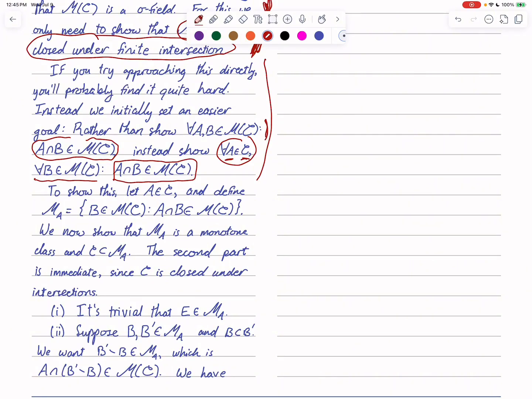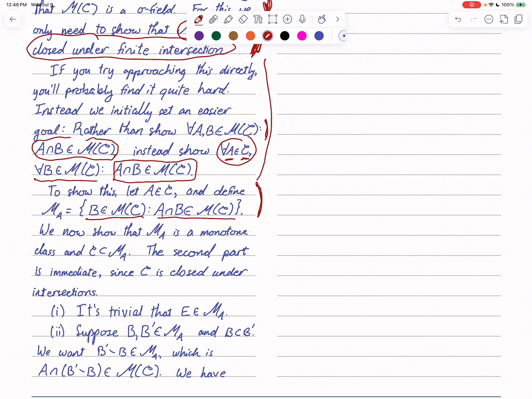Okay, so there's our intermediate goal. Take A in the generator, take B in the monotone class, and try to show that A intersect B is in the monotone class. Okay, so we will, in fact, first form this new collection we're calling M sub A, and it will be the collection of all elements in the monotone class such that the intersection with A is in the monotone class.